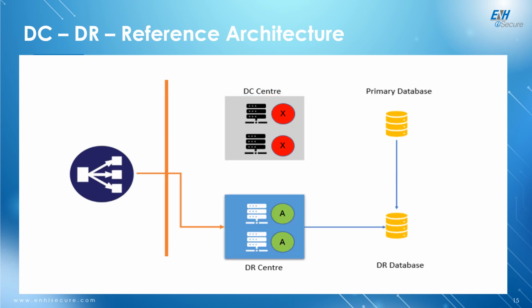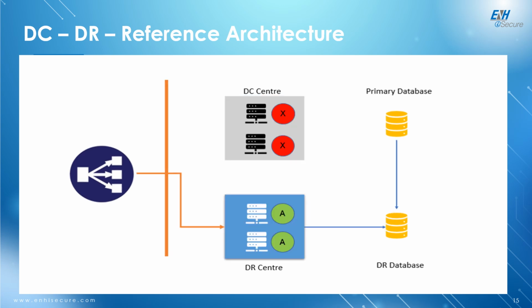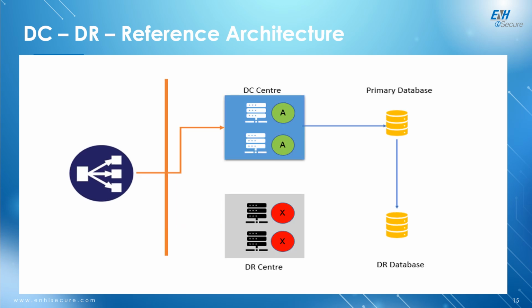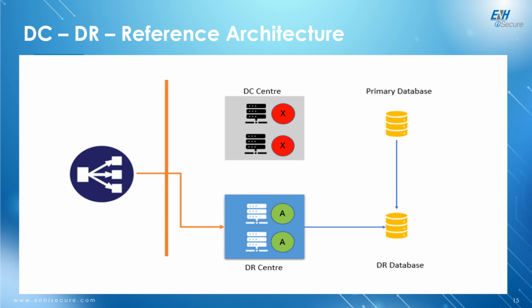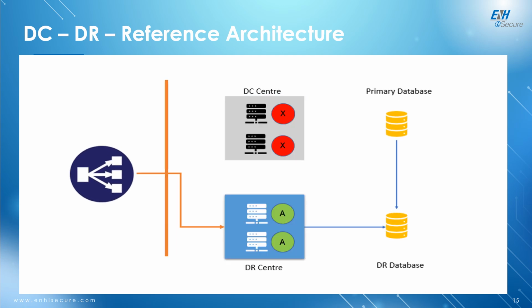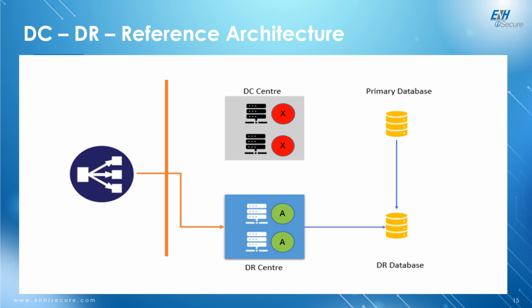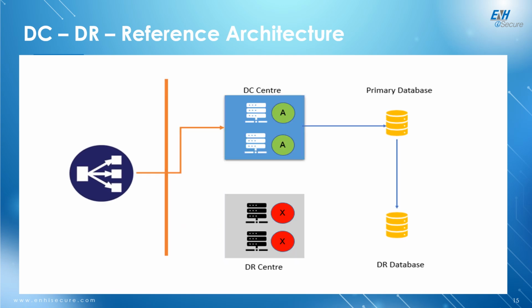And there is a primary database and a DR database. When you switch over from the DC to DR, the respective databases will be up and running. This is an active and passive DC-DR architecture. And you see in the database there is always one phase commit from the primary database to the DR database.